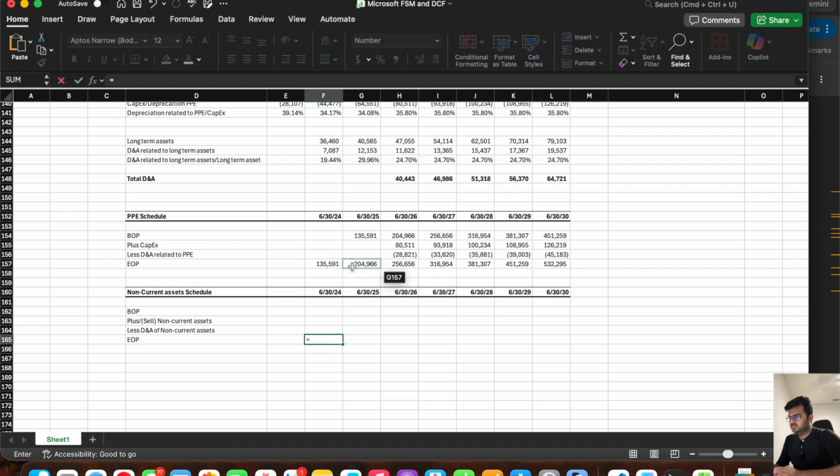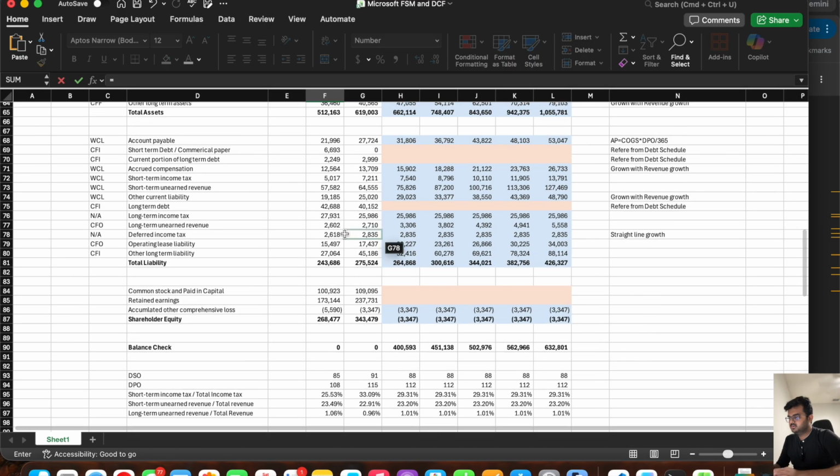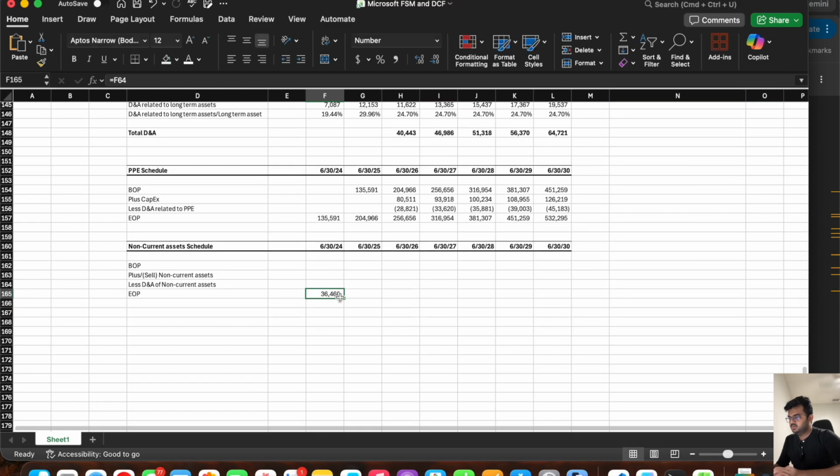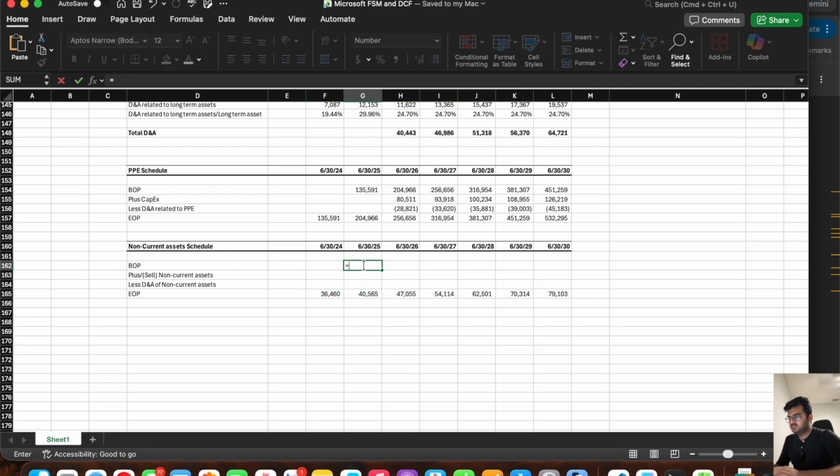We already know the end of period non-current asset from here, which is this number. We already calculated it for all the 5 years. We'll just put it. Then the same analogy, last year end of period is equal to next year beginning of period. So do this and update this here.